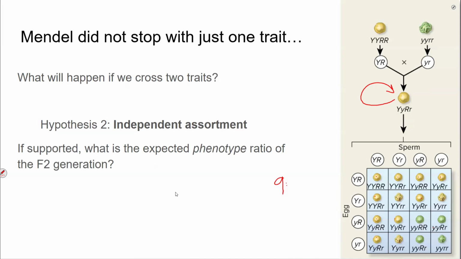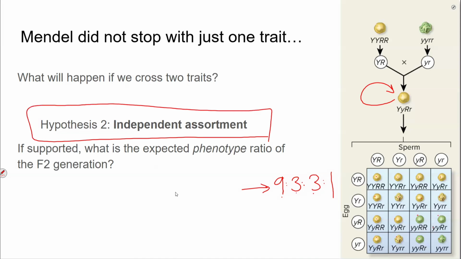We had a 9, and then 3 yellow wrinkled seeds, and 3 round green seeds, and 1 wrinkled green seed. And so his experimental results match this pattern, this ratio of 9 to 3 to 3 to 1, thus supporting this hypothesis of independent assortment.